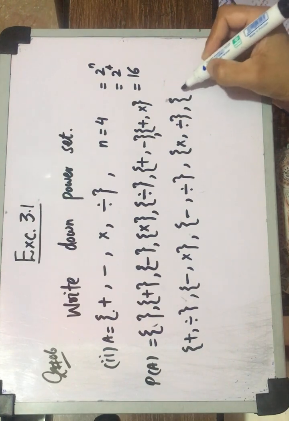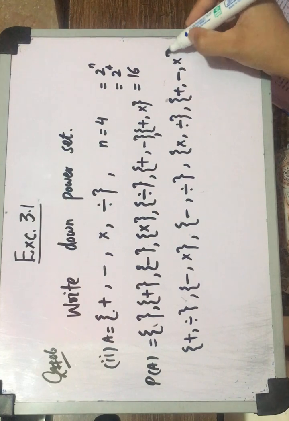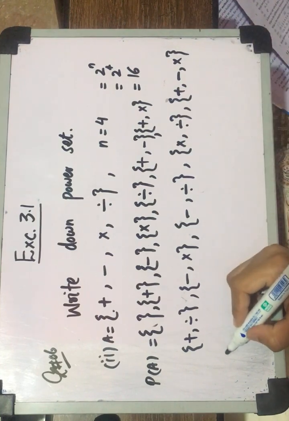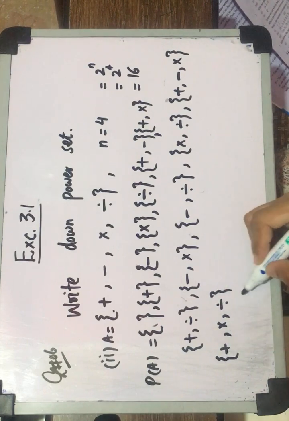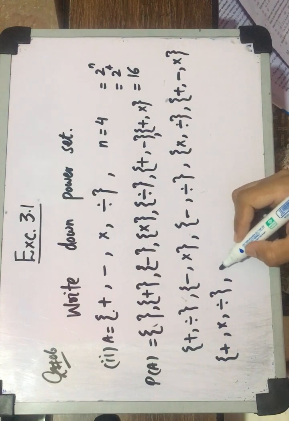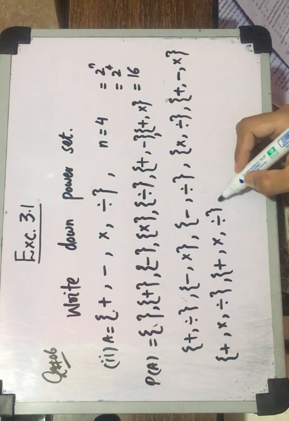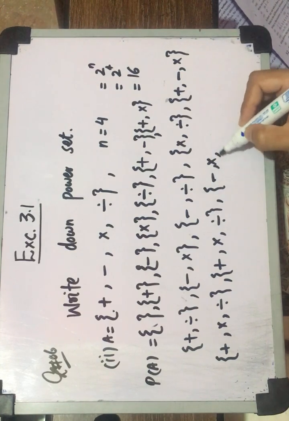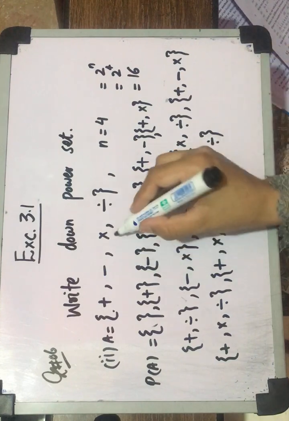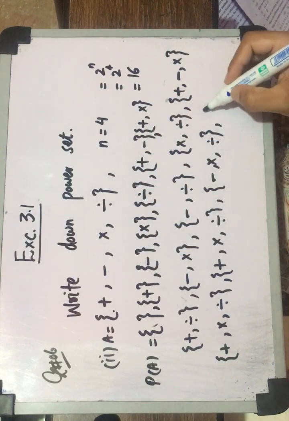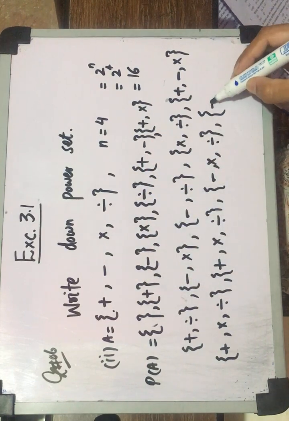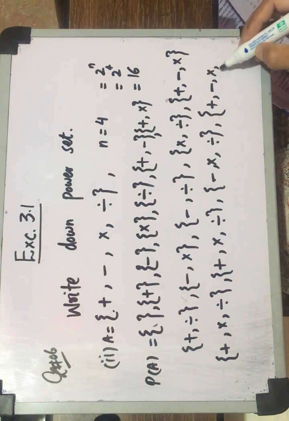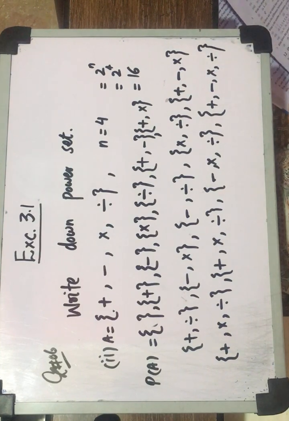Now we have plus, minus, multiply, and then we have plus, multiply and divide. Are you getting it? Now we have minus, multiply and divide, and at the end we have all the elements: plus, minus, multiply and divide.